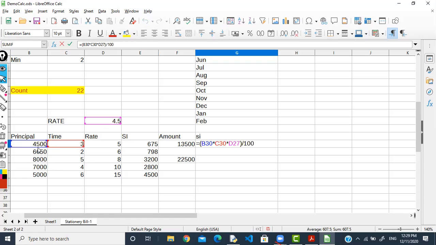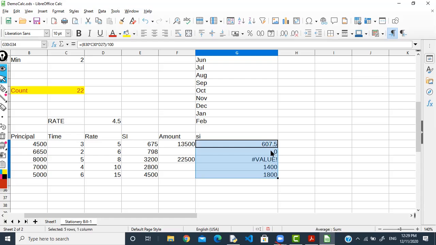What I'm doing is taking this principal amount, this time, but I don't want to use this rate of interest. I'm going to use this other rate of interest, 4.5, and check the calculation on the basis of it. Now I'm going to copy this formula here. I'm getting an error message and some invalid value here. Why?